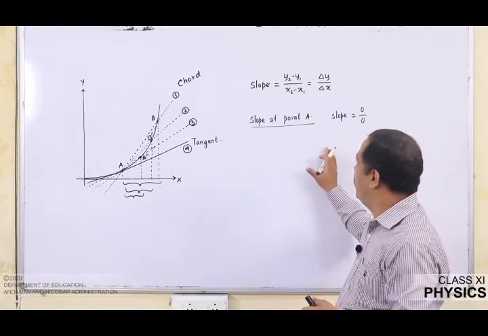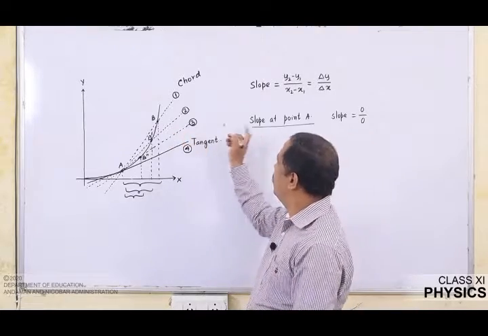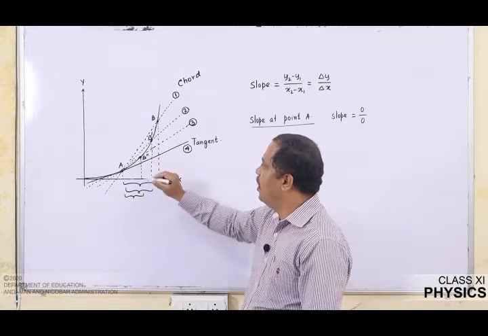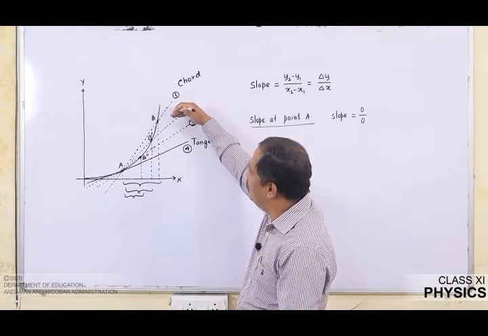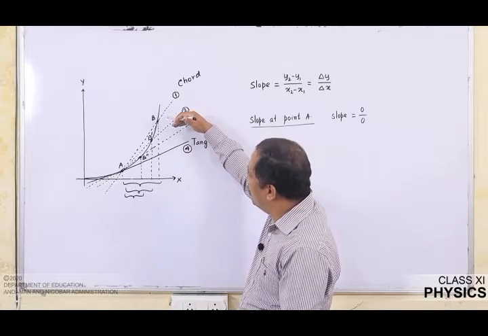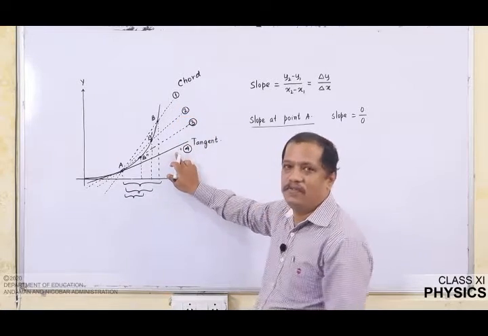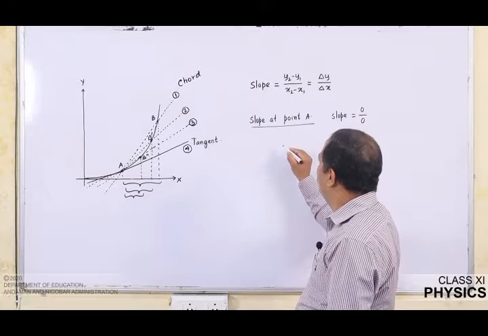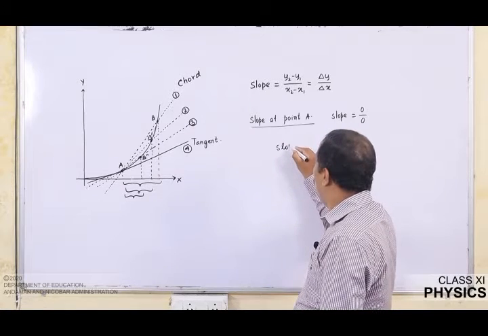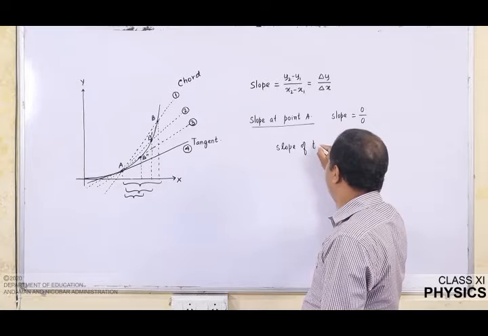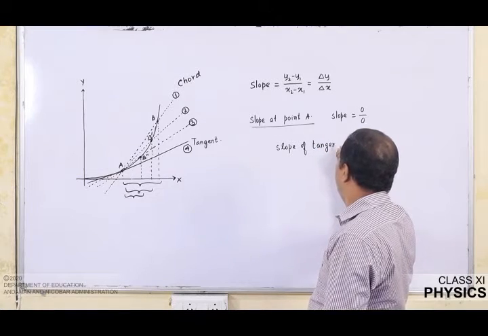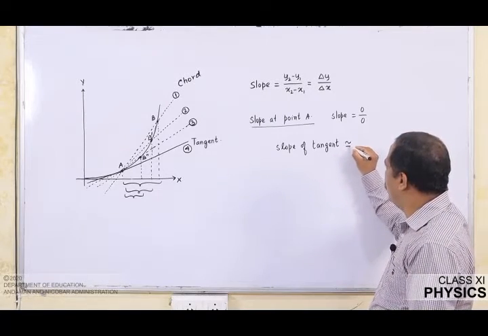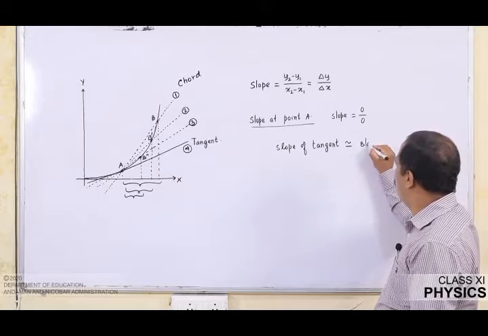In order to calculate the slope, we considered another point. Gradually when we take the point closer and closer, I see that the slope of the chord is becoming very close to the value of the slope of the tangent at point A. So, thus I say that the slope of the tangent will be approximately equal to the slope of the chord.